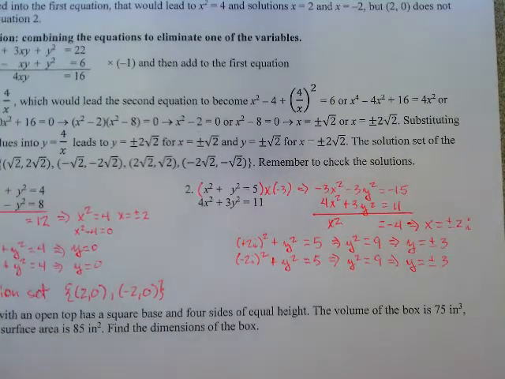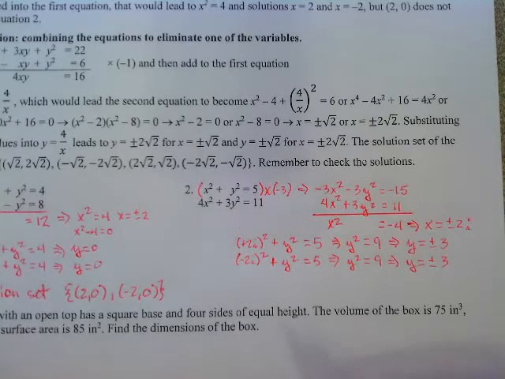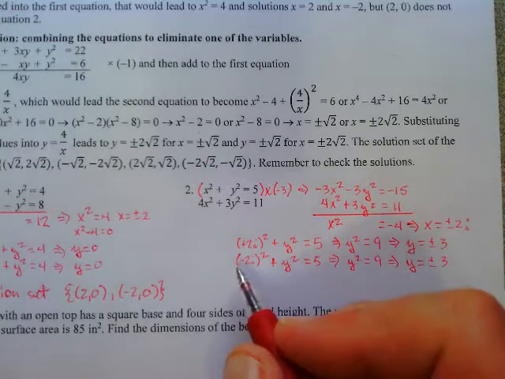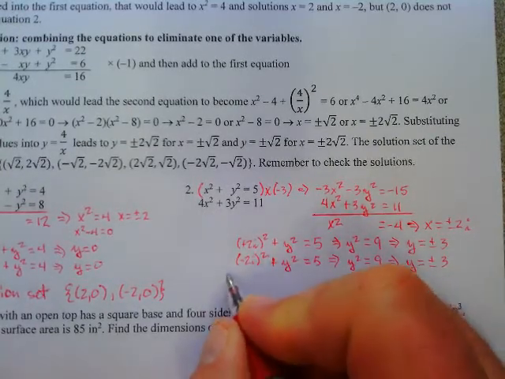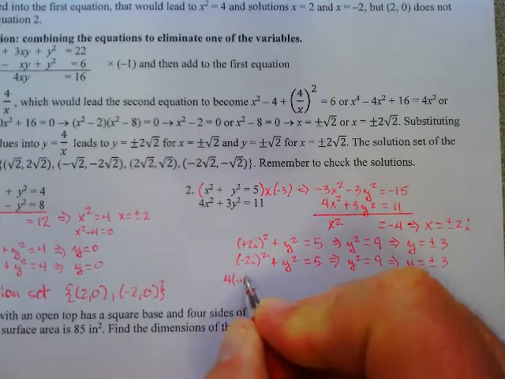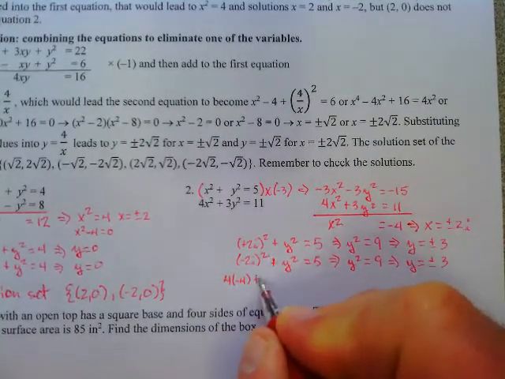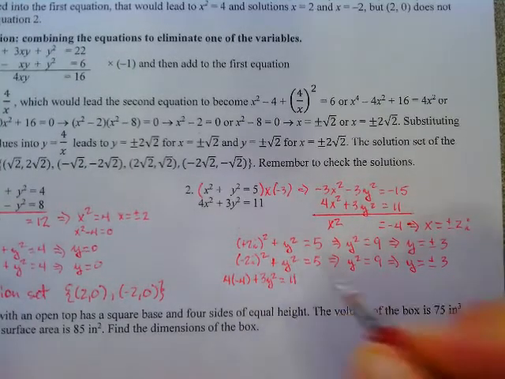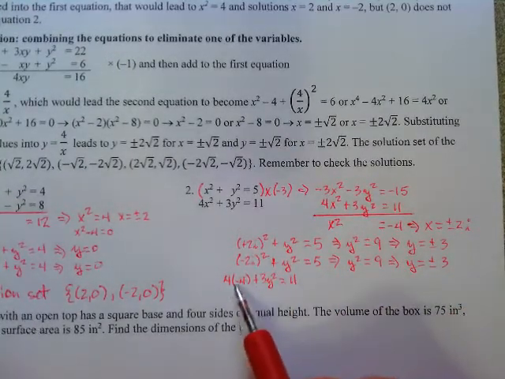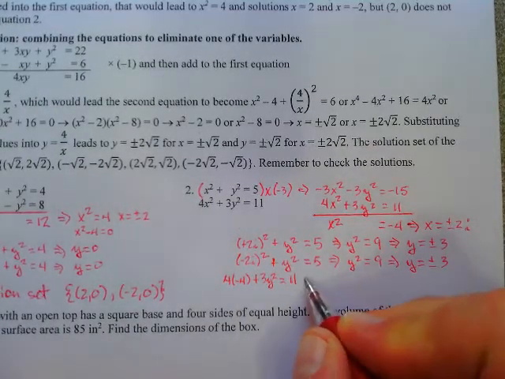Now, let's go ahead and check our work here. If I take the negative 4 into the bottom equation, 4 times negative 4 plus 3y squared equals 11. Again, that's x squared, so it's the same negative 4.